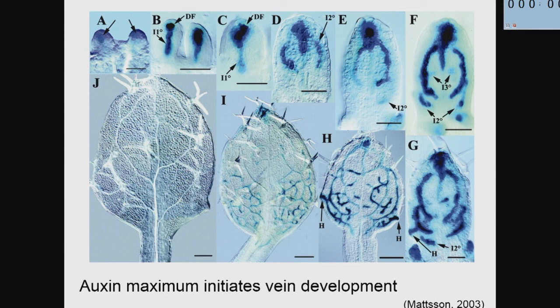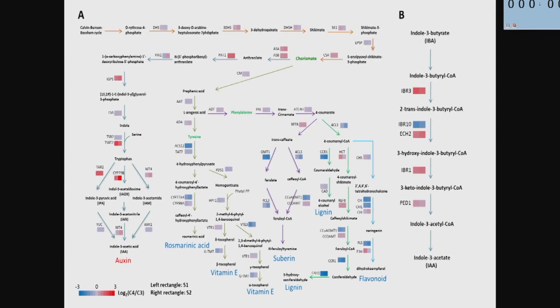It's known that auxin, if it accumulates to a high enough concentration, initiates vein development. And here is how auxin is synthesized. There are 2 ways. This is the tryptophan-dependent auxin synthesis.